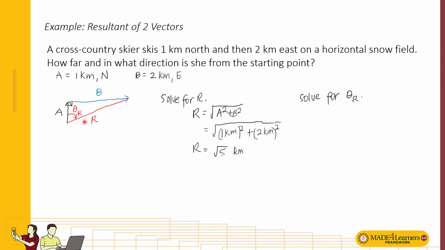So your given quantities, A and B, as much as possible, do not use the computed value R in solving for theta sub R. Although pwede na siya gamiton, pero what if wrong imong R, di marong po imong theta sub R. So use the given quantities, at least lesser chance na incorrect imuhang value sa theta sub R.